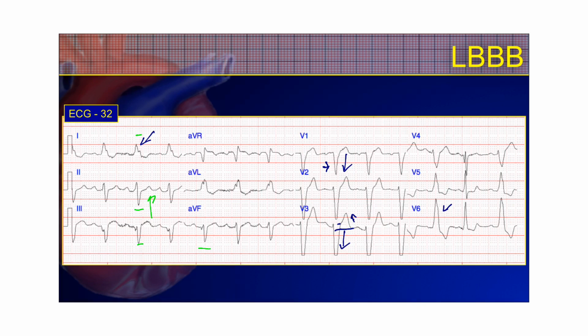And it is going to correlate and be proportionate to the depth of the preceding wave. So this QRS complex is actually really deep. You can't even see how deep it is because it's cut off, but it probably would keep on going down. So it's a really deep QRS complex, so the ST segment is going to be more pronounced.